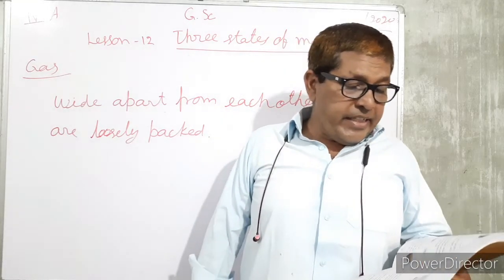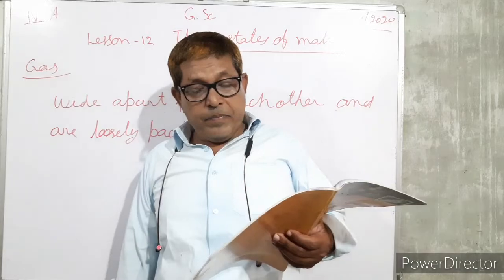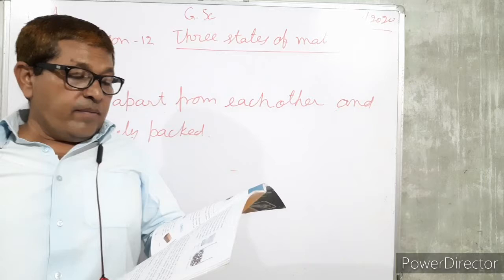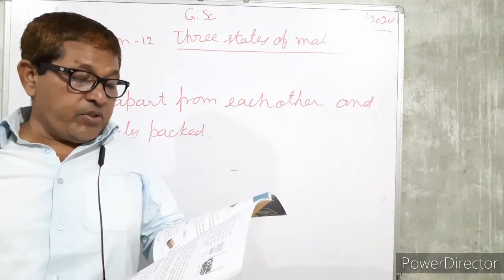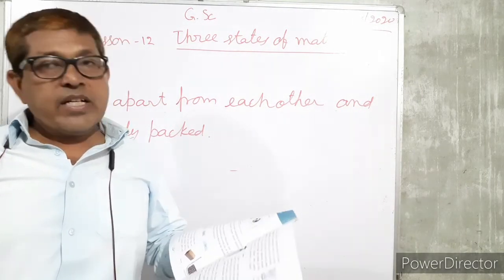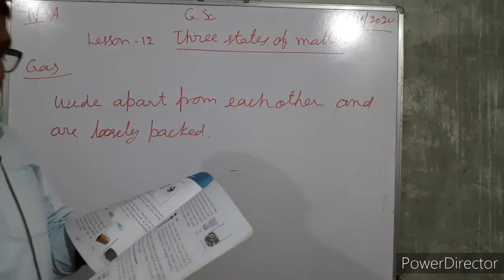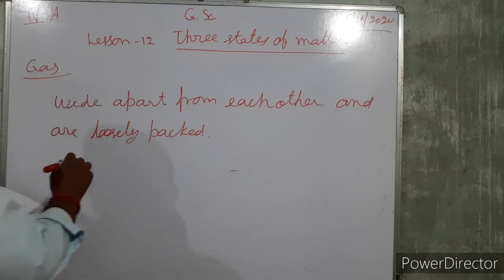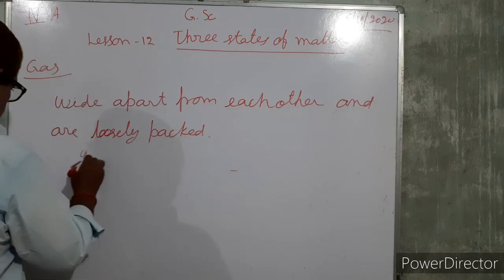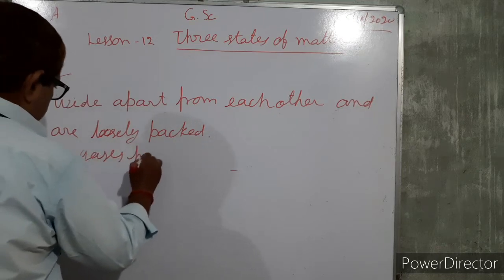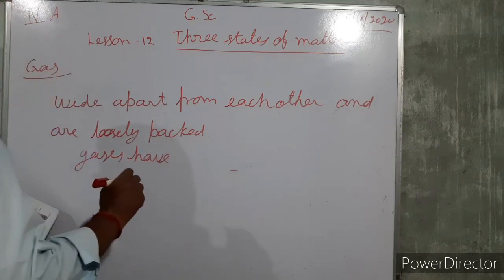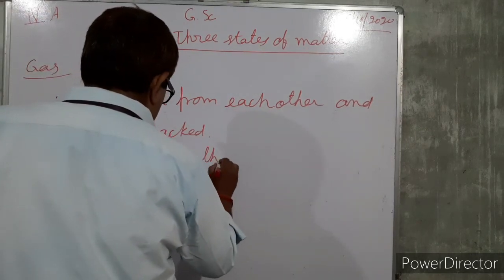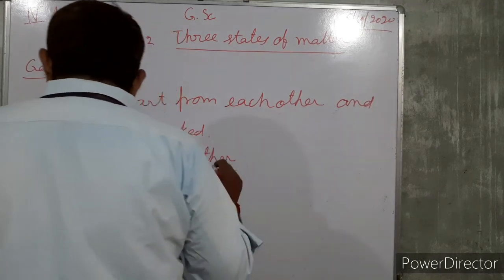So, gases have neither fixed shape nor definite volume. The air around us is a mixture of gases like nitrogen, oxygen, carbon dioxide, etc. This is a very important feature.